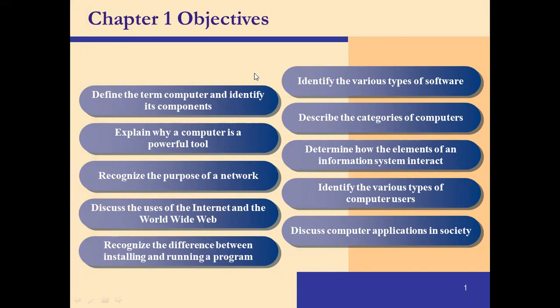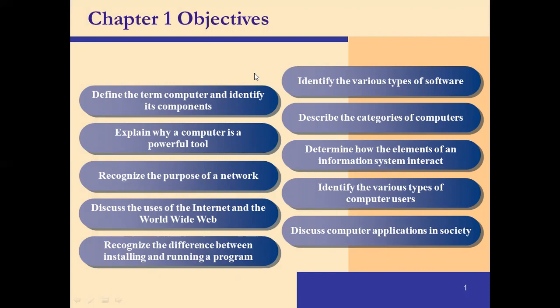The main objectives that we have right now are to define the term computer and identify its components, which are the components needed to run a computer properly. We will explain why a computer is a powerful tool, recognize the purpose of a network, what a network is, why we use network and internet and world wide web, different programs, and the difference between installing and running a program, various types of software like Microsoft Office, MS Paint, and many others like Visual Studio, which I use for programming development.